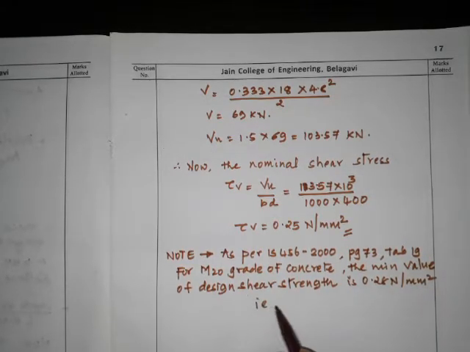That is, tau C minimum is equal to 0.28 Newton per mm square.